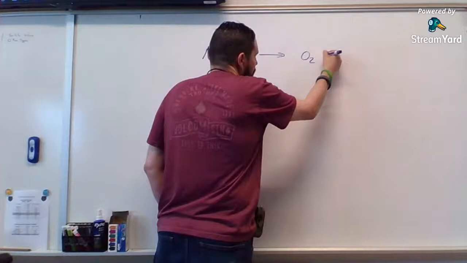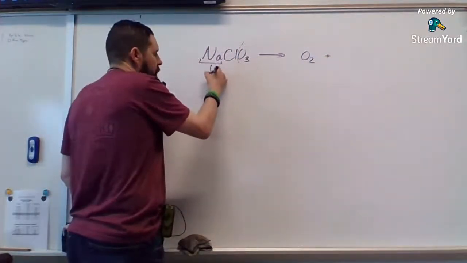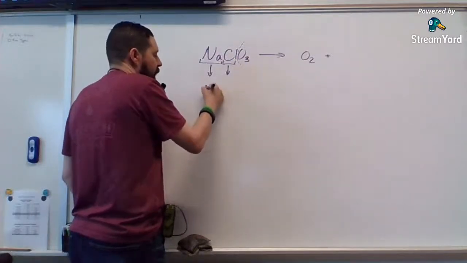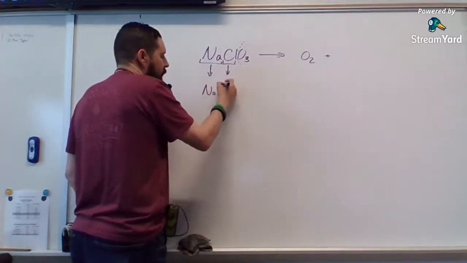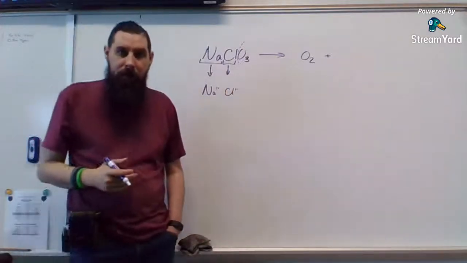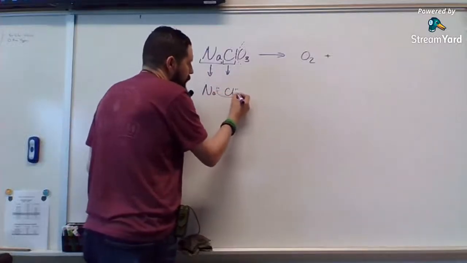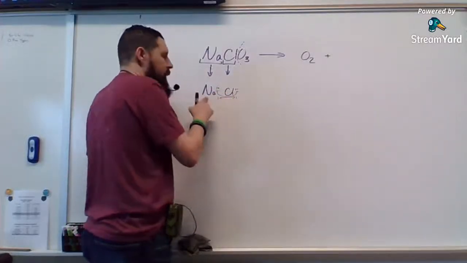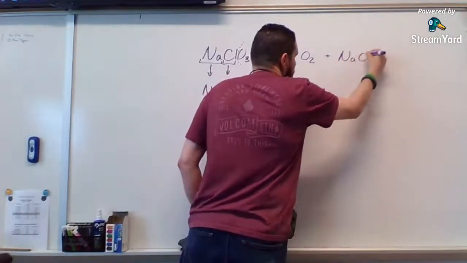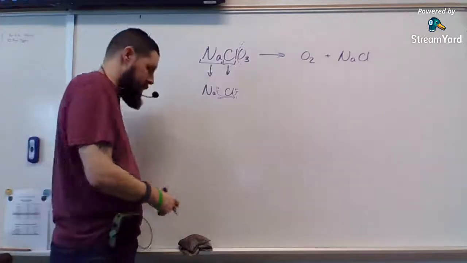I produce oxygen, and then I've got my metal and my chlorine, and those are the two things that I'm going to end up combining to form my metal chloride. So again, cross over those charges, Na1Cl1, and I get NaCl as my product.